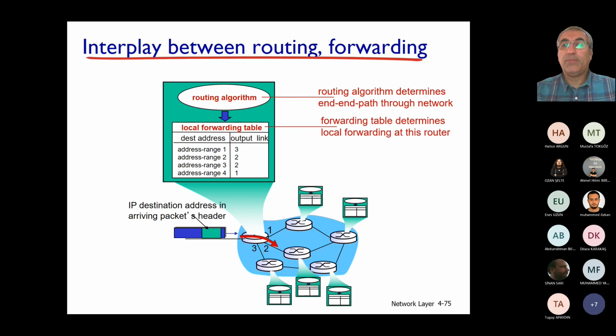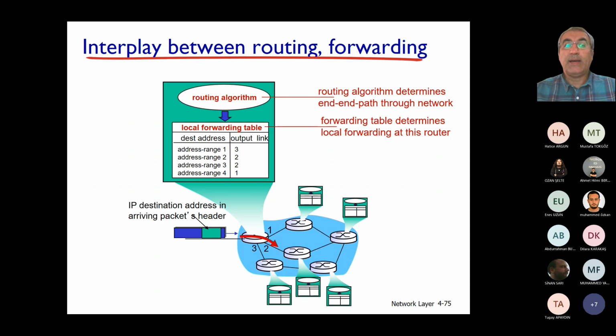And forwarding was responsible for determining how to direct a datagram from one interface to another interface of a router. So you can think of it like an internal kind of routing within a routing device.